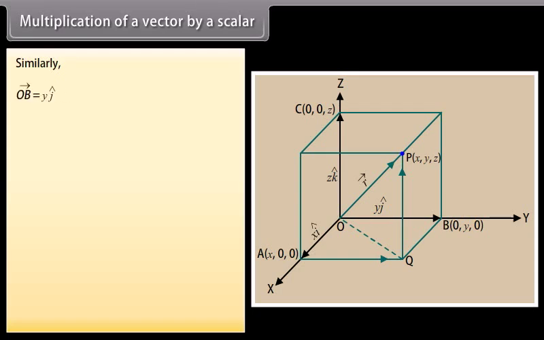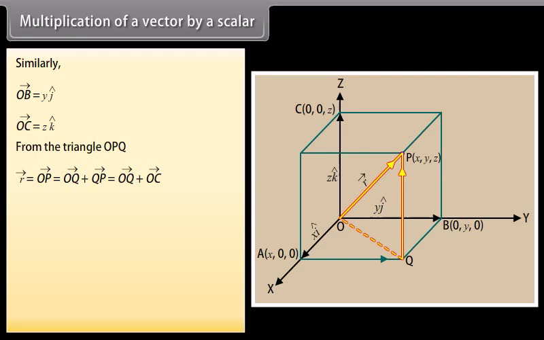Similarly, vector OB is equal to y cap j. Vector OC is equal to z cap k. From the triangle OPQ, vector r equals vector OP equals vector OQ plus vector QP equals vector OQ plus vector OC.